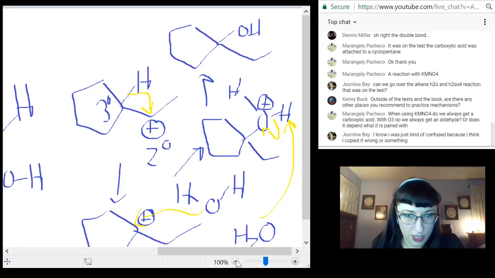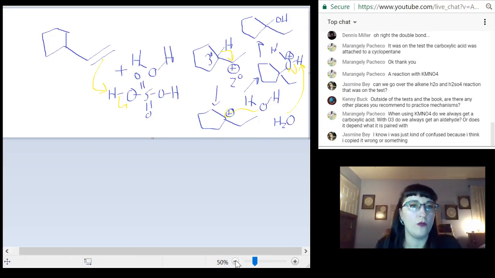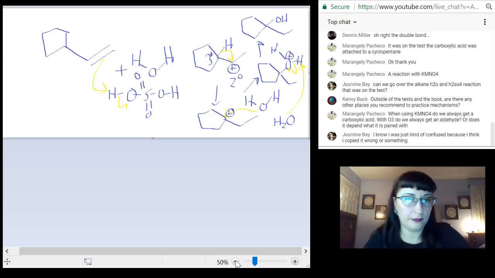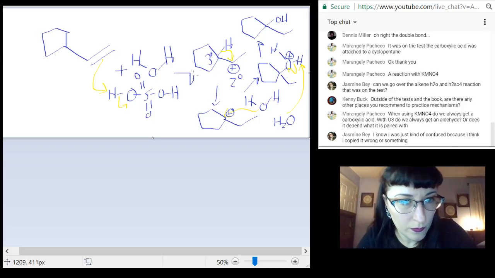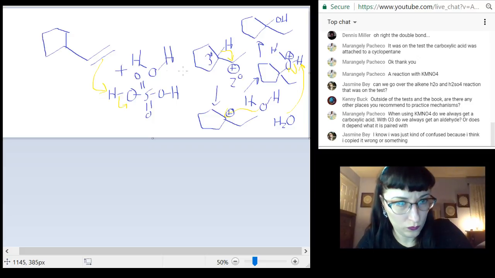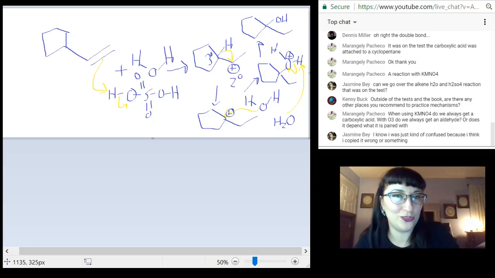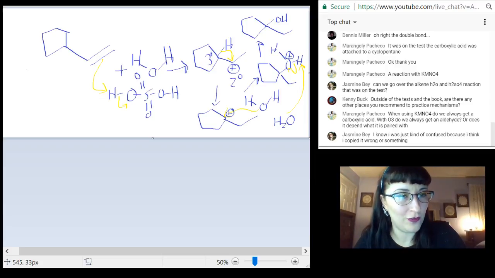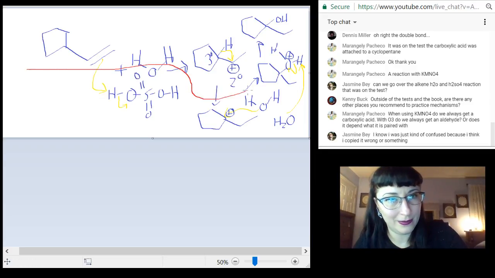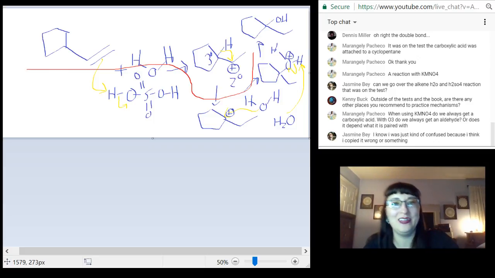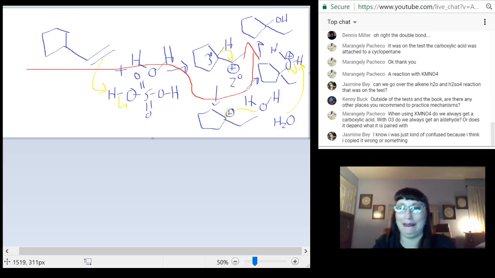So let me make that smaller. There we go. Here, I'll color code that a little better. Follow this line. That's the way the arrows go. Hopefully that makes sense.